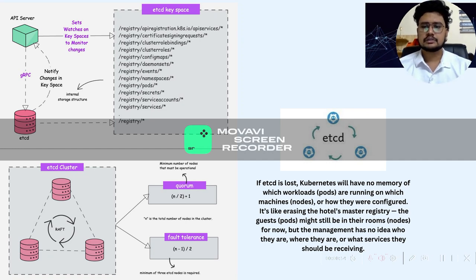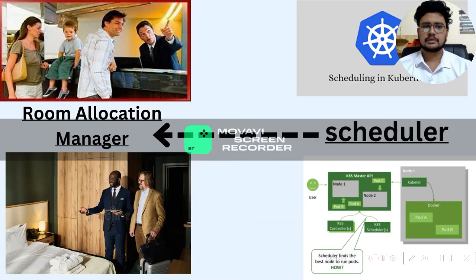So next we're going to see the next component. Here we're going to consider the scheduler as a room allocation manager. When a new guest, which is a new pod, arrives at the API server, the room allocation manager checks all the floors, which are nodes, to find the most suitable place for them.